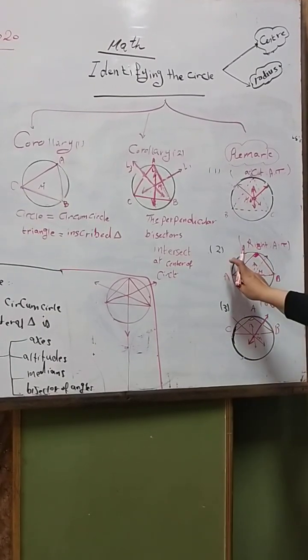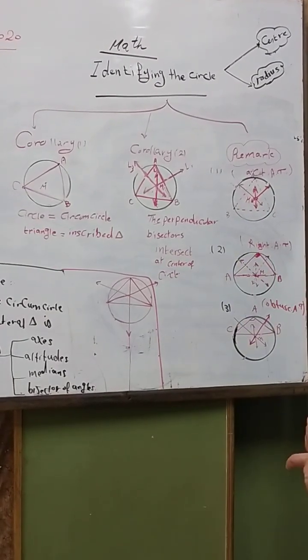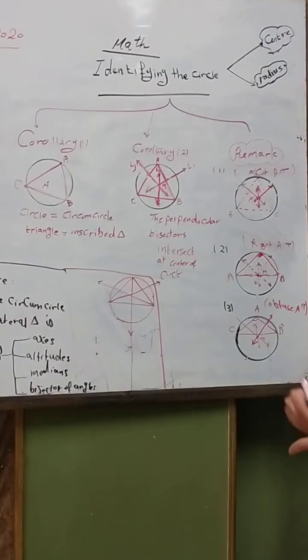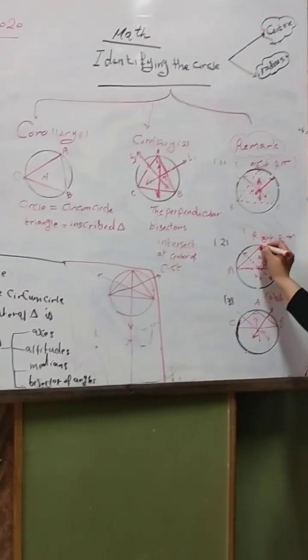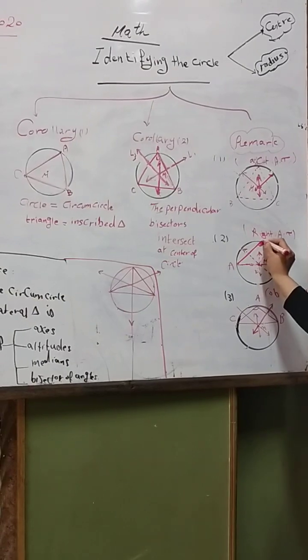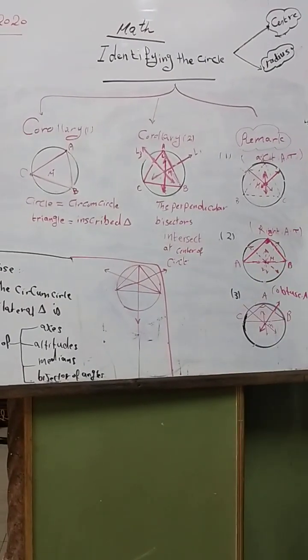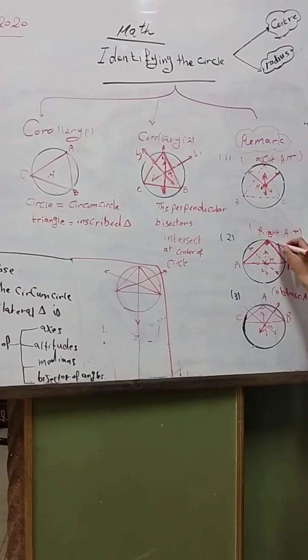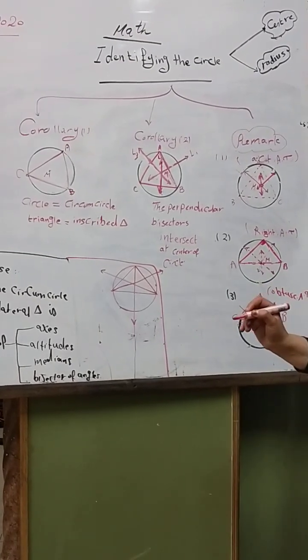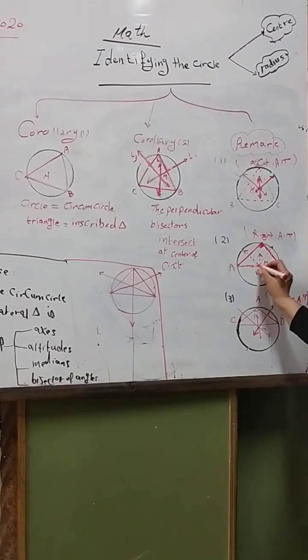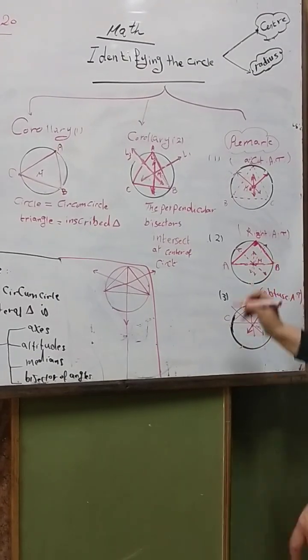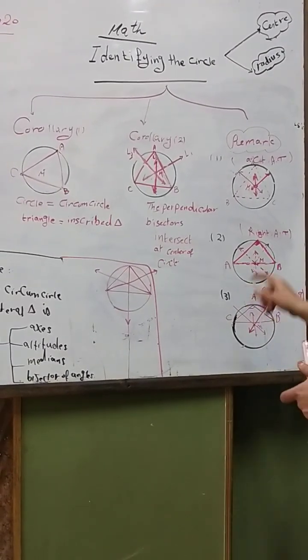Let's look at the other kind here, which is the right angle triangle. If we have a right angle triangle and there is a circle passing through its vertices, the perpendicular bisectors intersect at one point, but this point lies on the hypotenuse of the right angle triangle. And the hypotenuse is what?